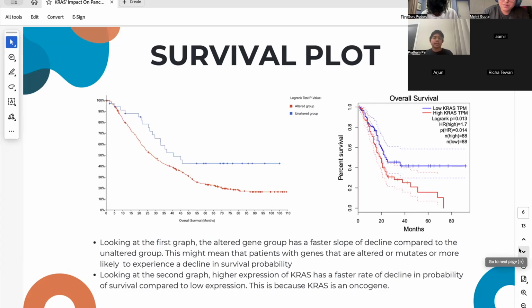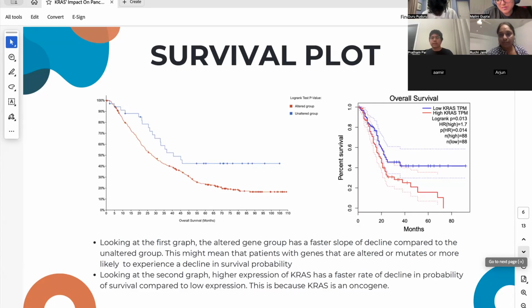The altered group has a much faster trend downward than the unaltered group, which makes us believe that CRAS, when altered, can cause a very fast decrease in survival from 100% to around 20% in just 55 months. And this is in pancreatic adenocarcinoma, which is one of the deadliest cancers, which makes sense because most patients unfortunately do not survive when they're diagnosed with this.